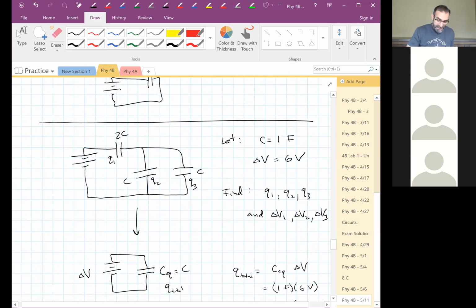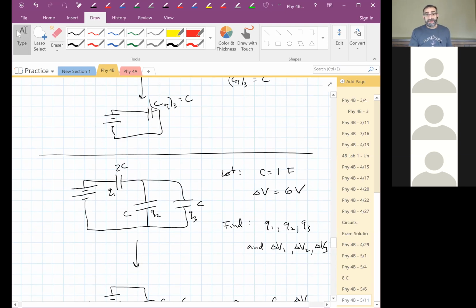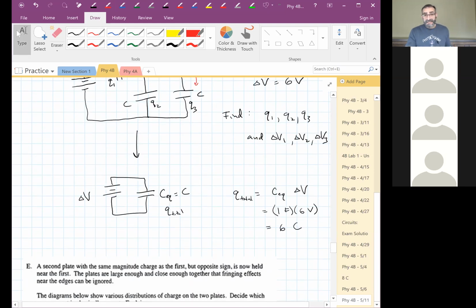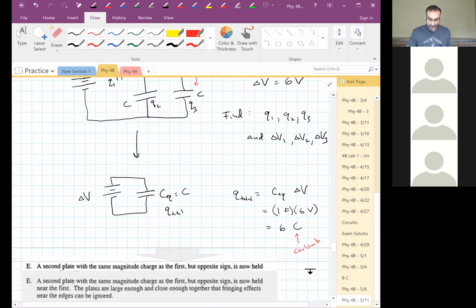Oftentimes in the book, when you see circuit problems and there's a capacitance there, they'll just write them the way I am, C, 2C, 3C, meaning the value of the capacitance. But C is also our symbol for the unit for charge, right? The Coulomb. So here we have our unit for charge, 6 coulombs of charge.